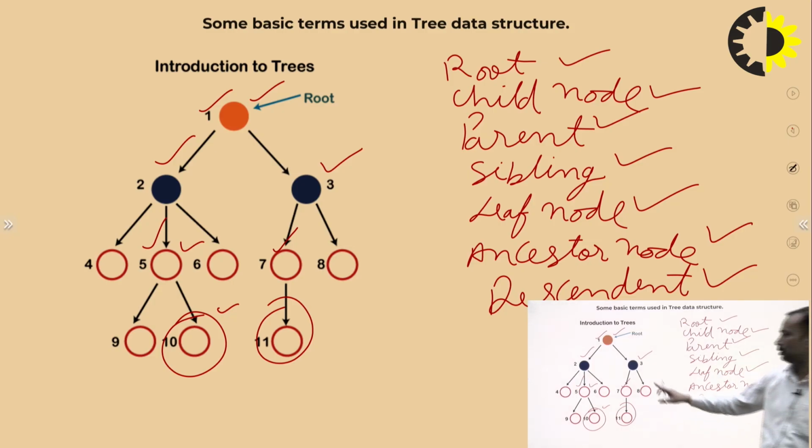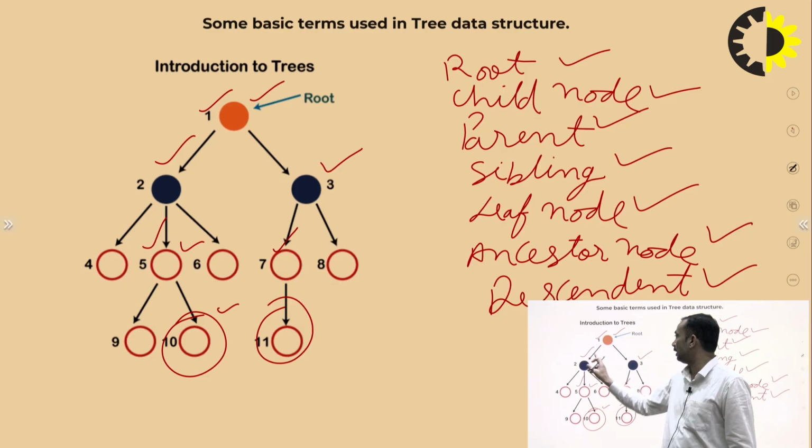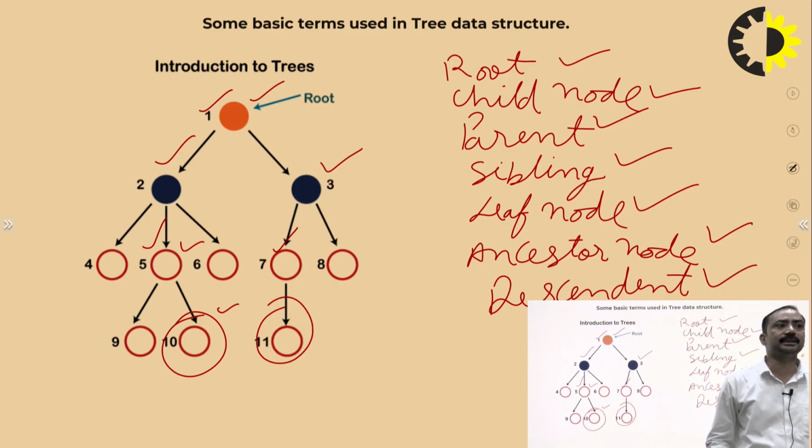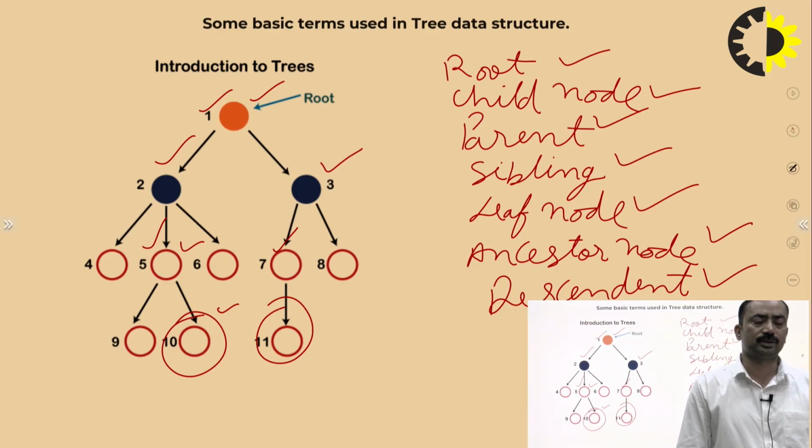Here we have 11 nodes, and counting the edges we have 10 edges. So this is the number of edges in a tree. The number of edges is 1 less than the number of nodes in a tree.